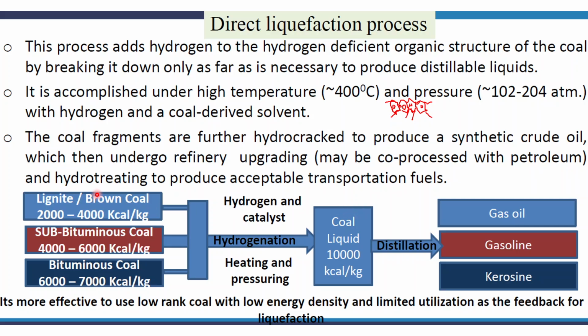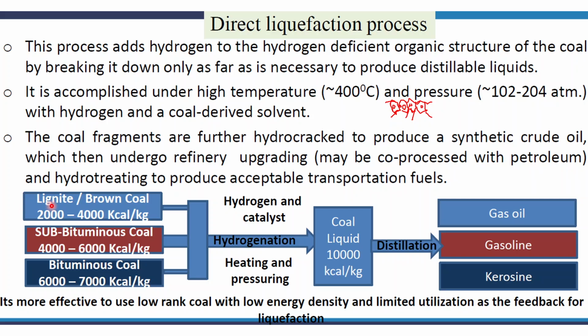One other thing is that, as we saw, the heating value of the high rank coal, that is anthracite, is good, but here what we have seen is that during the production of liquid fuel from coal, the lower the rank of coal, the better the quality of the liquid fuel such as gas oil, gasoline and kerosene will be.